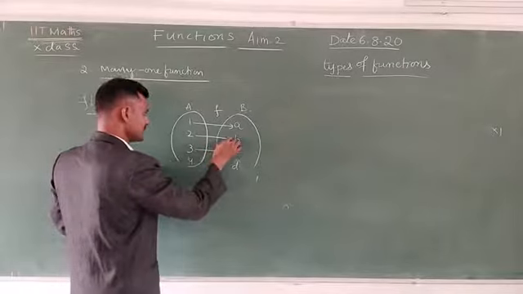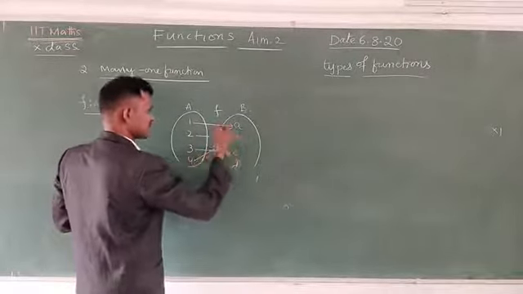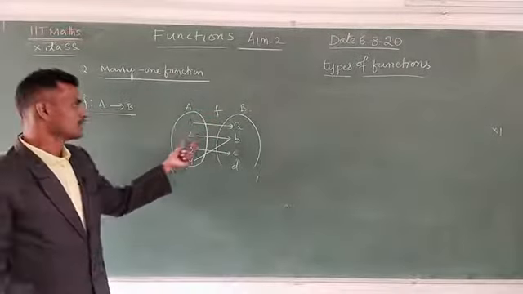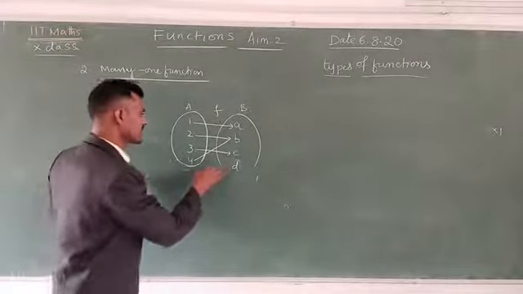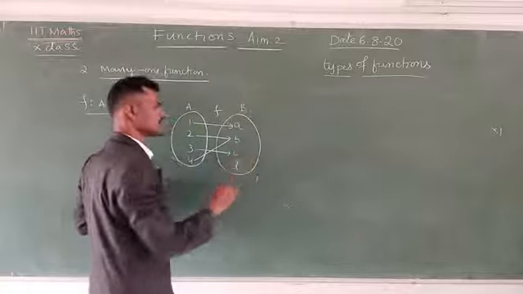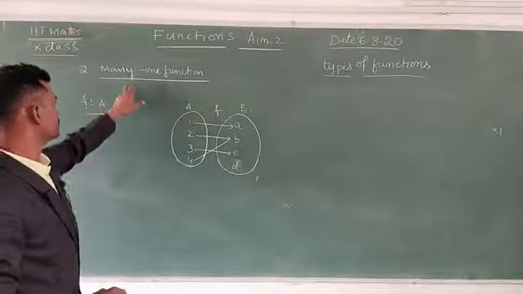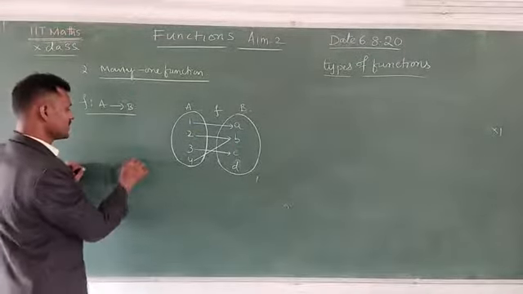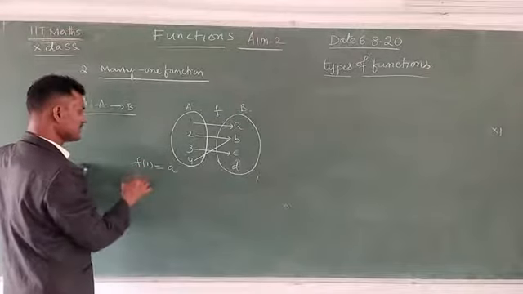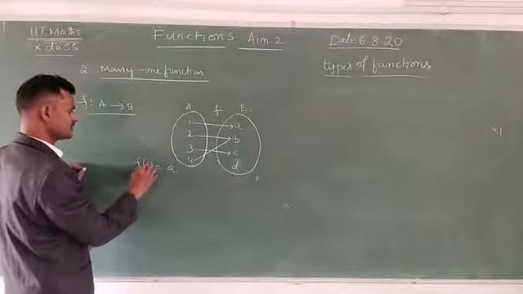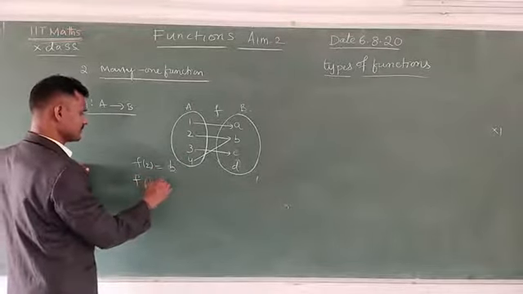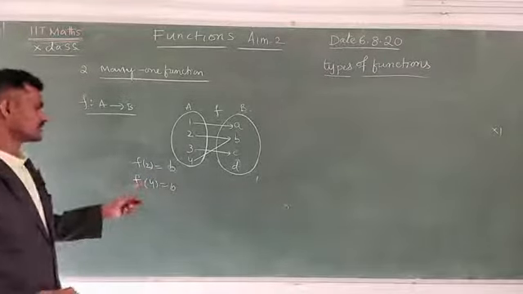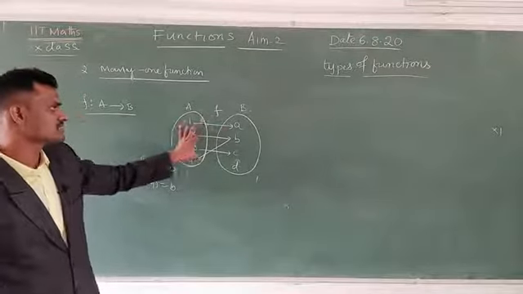Now see here, 2 or more than 2 elements having the same image in codomain, then F is a mapping from A to B said to be a many-one function. See here, f of 1 has its image B, f of 2 also B, and f of 4 also B. That means these elements have the same image.